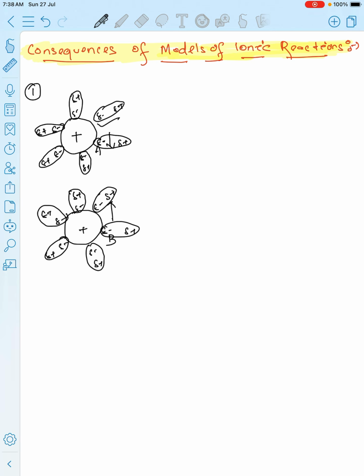Okay, so now according to sphere models, what will happen when they come closer to each other? They will form an intact structure, which we were calling the activated complex. So an activated complex will be formed where the two ions remain intact with each other. This is the activated complex. And what will happen?